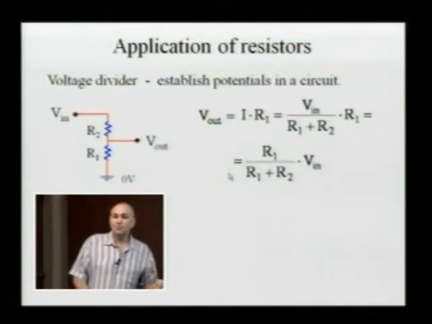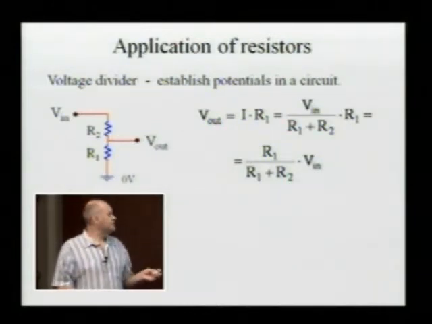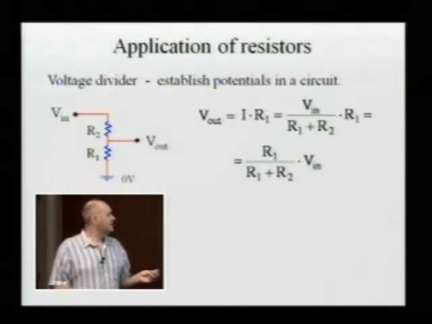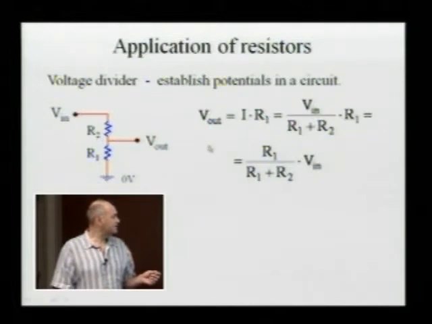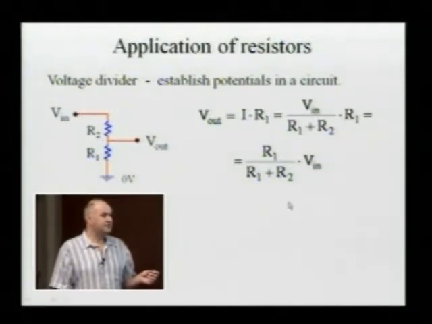Yes, so let's say I wanted half a volt from 9 volts, which means that this quotient should be 1/18. So I can adjust the values of the resistances in such a way that this quotient is equal to 1/18.